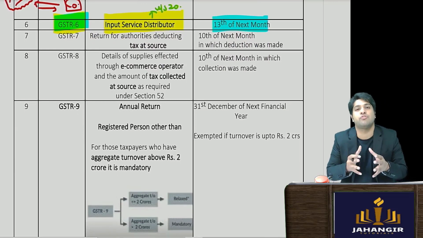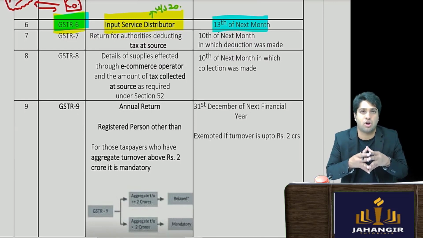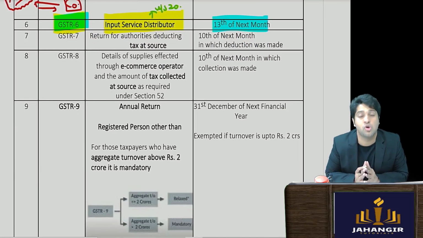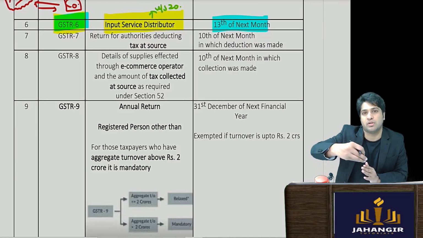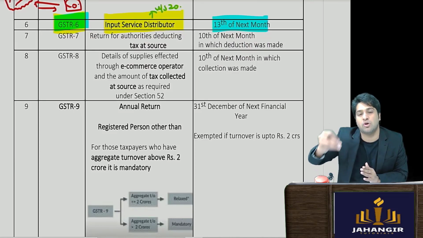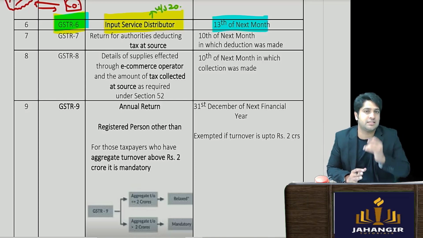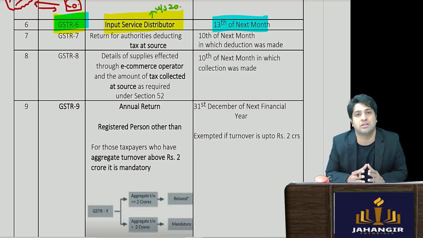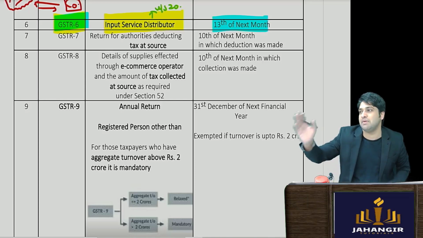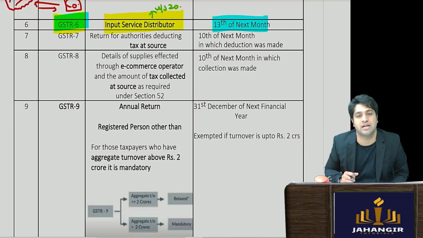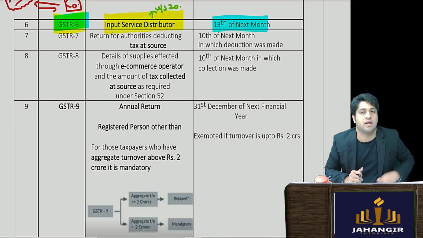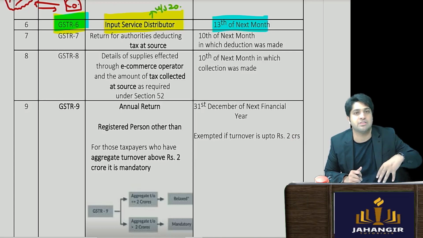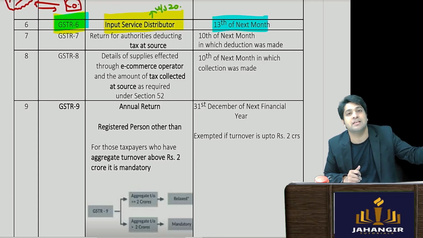In short, an input service distributor is the head office or office of the registered person who wants to distribute its input services onto its units. So let's say the Maharashtra unit is making payment for all the 3 units in other states. When it is making the payments, it must be incurring certain expenses and GST. For them, this is the input tax and they are paying the taxes.